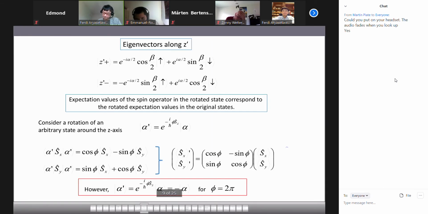So it's really a rotation in the xy plane of the components Sx and Sy, because these are just the rotation matrix, rotating by angle phi around the z-axis. So that's nice to verify that it does indeed rotate the expectation values.